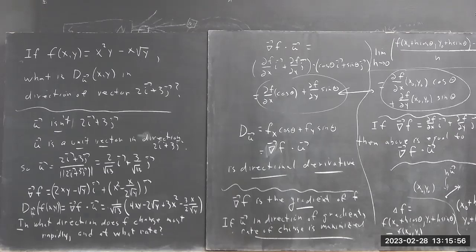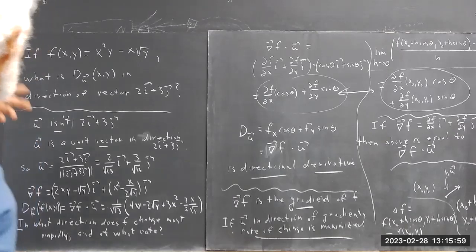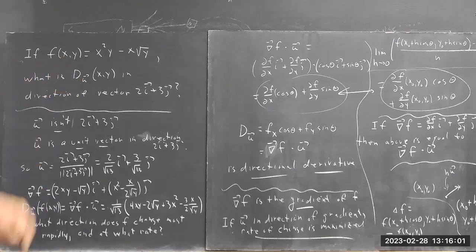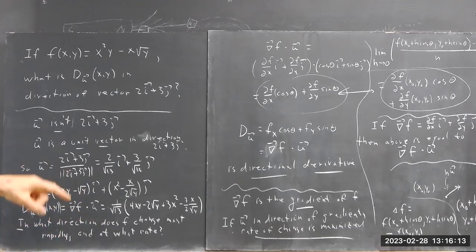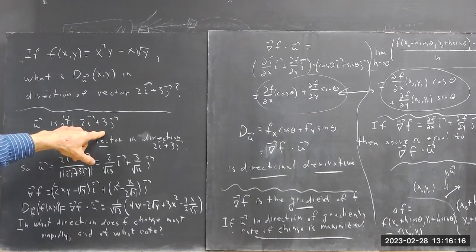Somehow I think I did the code for that. Here we go. I was trying to find this directional derivative. I'll give you the hint: u is 2i plus 3j, the unit vector in that direction. With that hint, everybody got it. Some people had it even without the hint. Some people were using this as always a unit vector, which it clearly is, and they were saying cosine theta equals 2, sine theta equals 3.